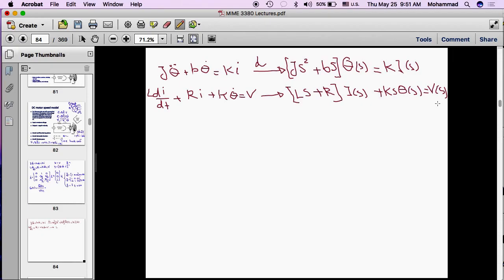So let me write what I said. From the first equation, you get I of s as (Js squared plus bs) over k times theta of s. Do you agree that this is I of s? Yes? Then I'll rewrite the second equation, but instead of writing I of s, I'll substitute for I of s based on what I found from the first equation.